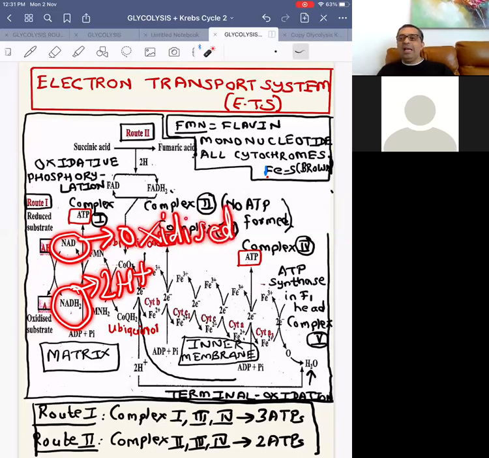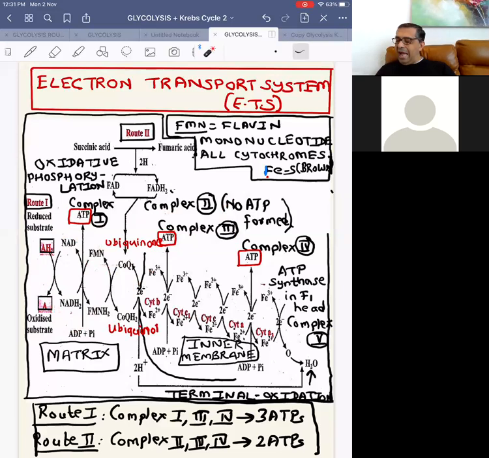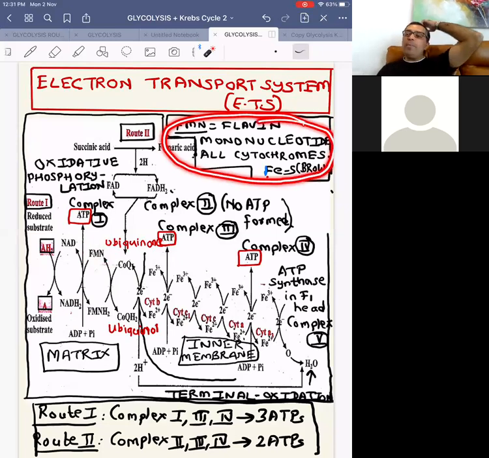And now the hydrogen is accepted by FMN. FMN is called as flavin mononucleotide. What is FMN called as? Flavin mononucleotide.